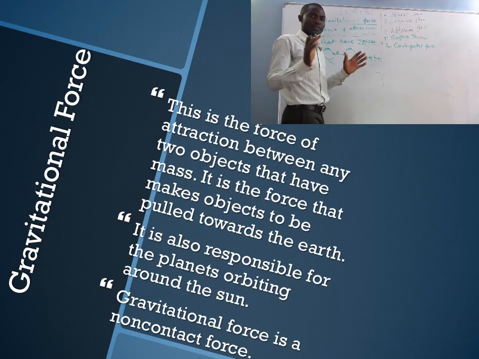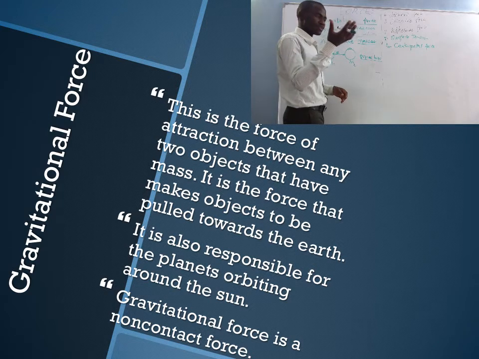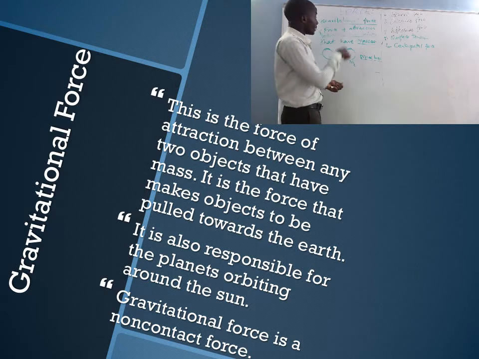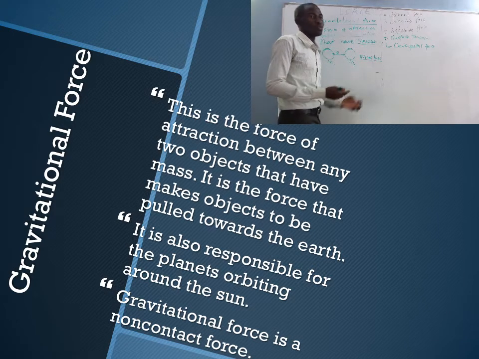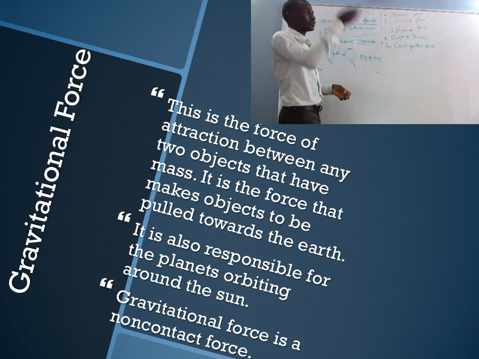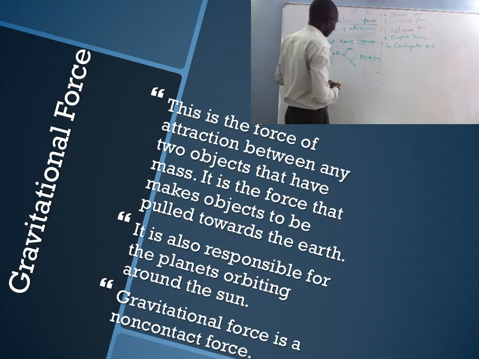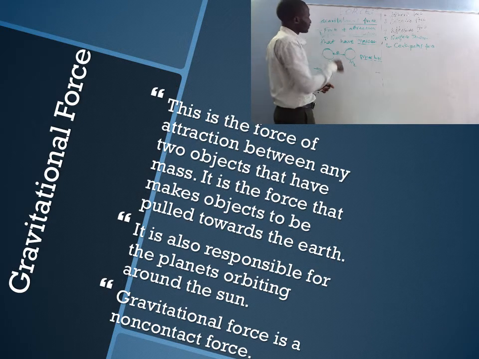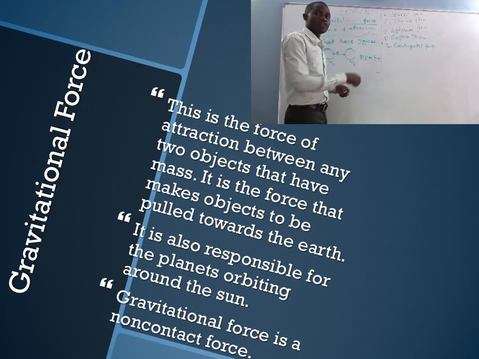The Earth is a body which has got a mass, and the object you have thrown up is also a body which has got mass. So there is always that pull that attracts objects towards the center of the Earth. That force which causes that attraction is the gravitational force.